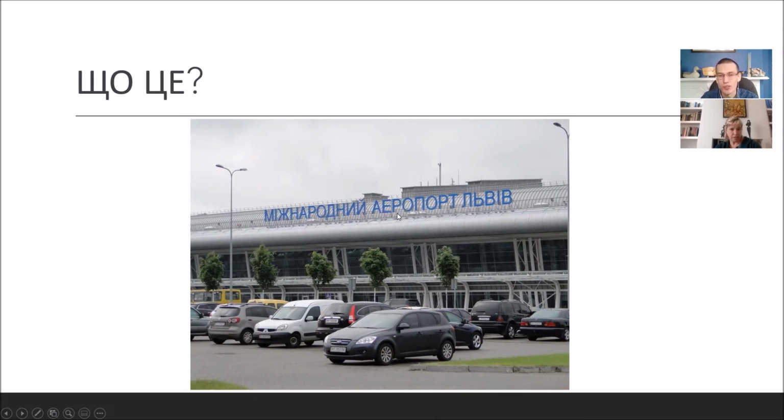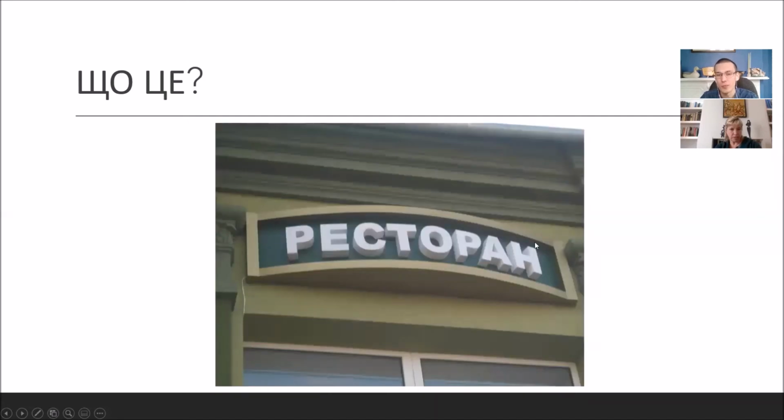A-e-r-o-p-o-r-t, aeroport means airport. "Міжнародний" means international. "Львів" means Lviv, the city in the west of Ukraine. So aeroport is airport. Good. Now, can you guess what this is?